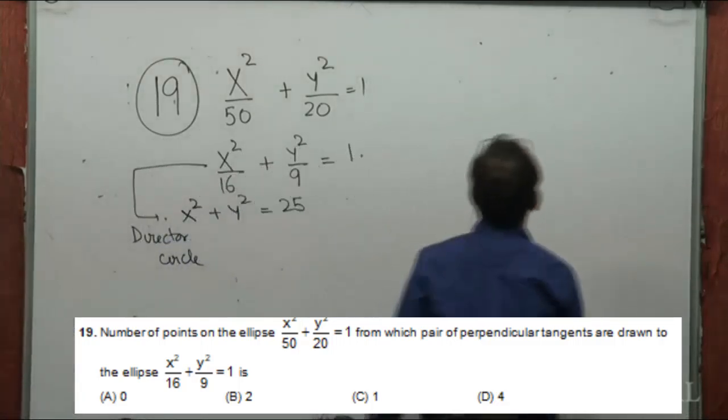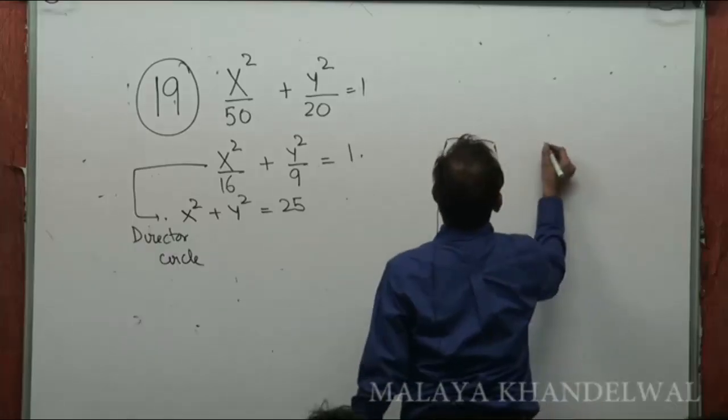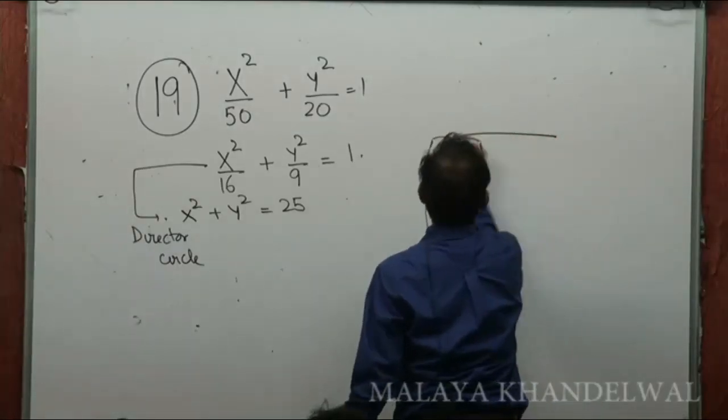Now, what about this ellipse? This ellipse is x square by 50 plus y square by 20.